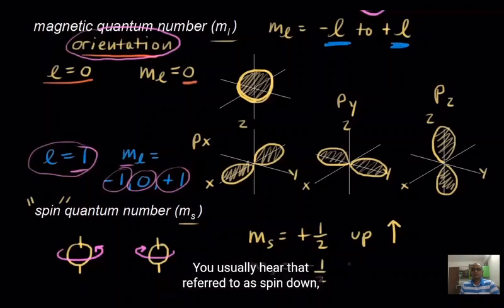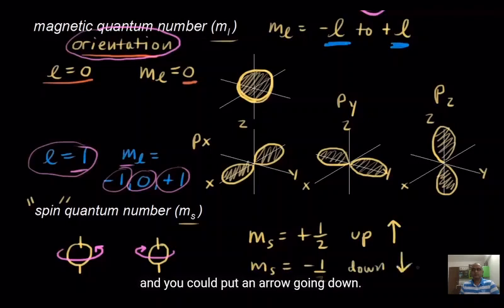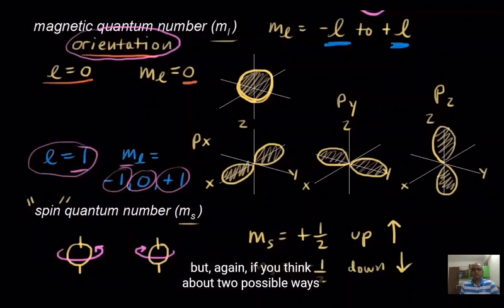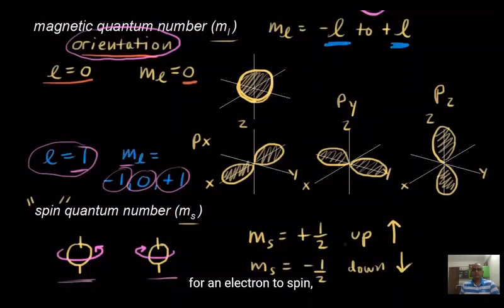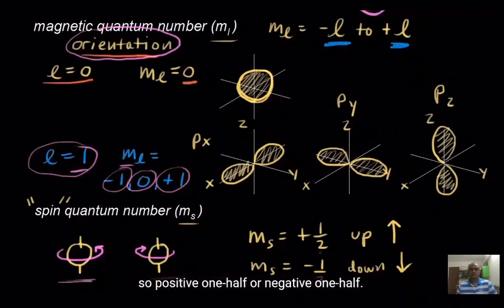So you usually hear that referred to as spin down, and you could put an arrow going down. So again, electrons aren't really spinning in a physical sense like this, but if you think about 2 possible ways for an electron to spin, then you get these two possible spin quantum numbers, positive 1/2 or negative 1/2. So those are the 4 quantum numbers, and we're going to use those to think about electrons in orbitals.